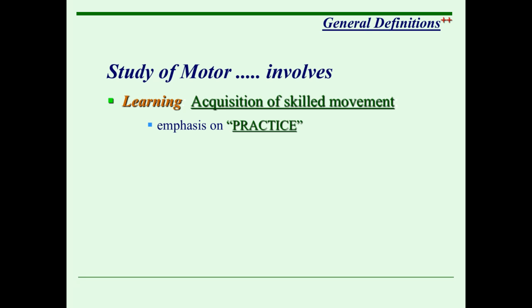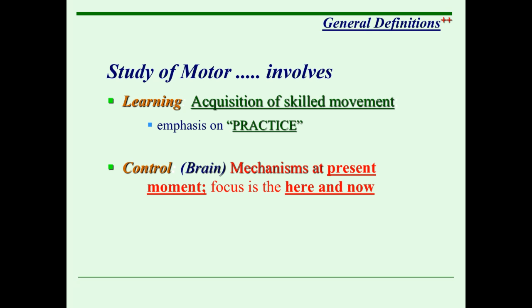Remember these buzzwords. Now, for control, the brain, especially among old school theorists, the brain is front and center in everything. Focus in terms of time is the here and now. Recall that I said motor control is about taking a snapshot right here, right now.